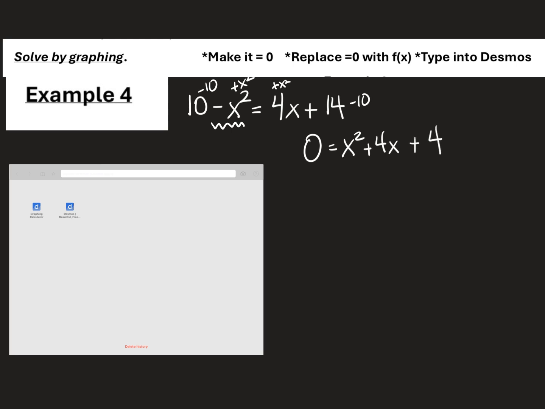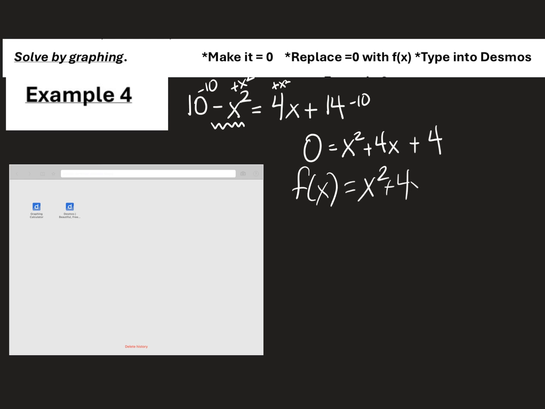Okay, I am going to let you use Desmos, and I'm going to make myself a note at the same time as I'm talking. I'm going to let you use Desmos and find the solutions to this question. So I'm going to make sure that next week, after this is due, we will go over these answers. So I'm writing down example 4. You'll go to Desmos and remember, put f of x in place of 0.